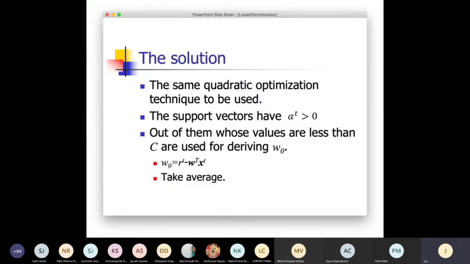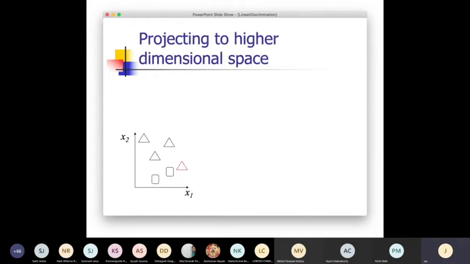Earlier, any alpha t greater than 0 will be considered as forming the support vectors, right? And you can take any of these samples and you can compute W naught. But now you have to consider only those samples whose Lagrange multiplier value is less than C, not only greater than 0. And you take the average. And many of them will be 0.